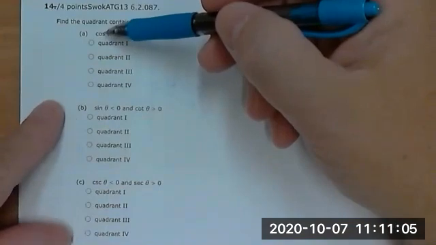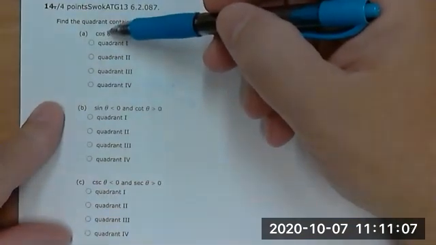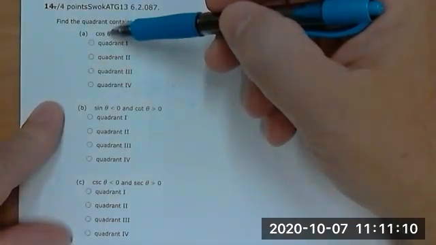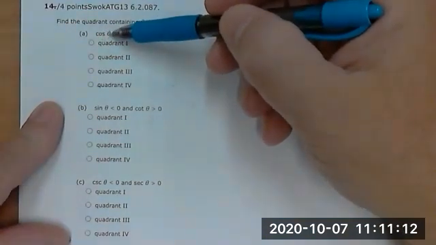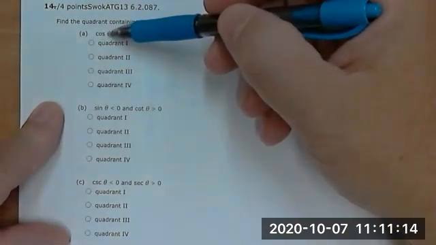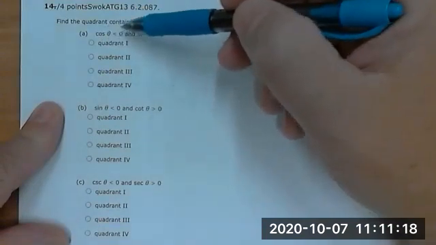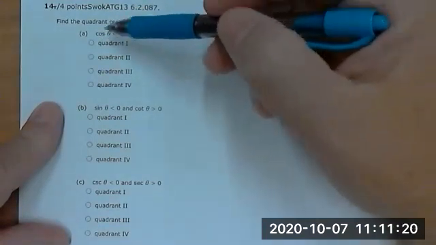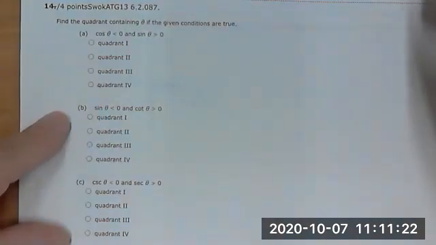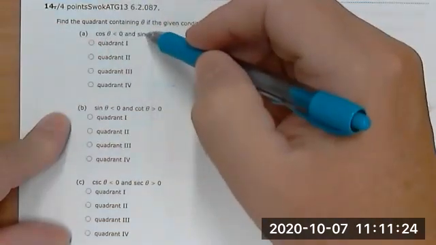For each of these trig functions individually, of course, there are 4 quadrants. Each trig function will reduce it down to 2 quadrants. But by having 2 trig functions, you simply figure out for each trig function what the possible quadrants are, and then you see what's in common.